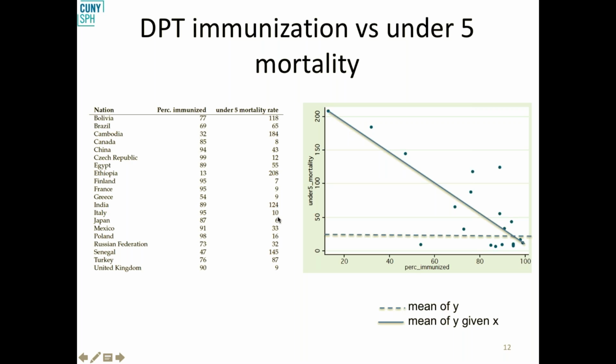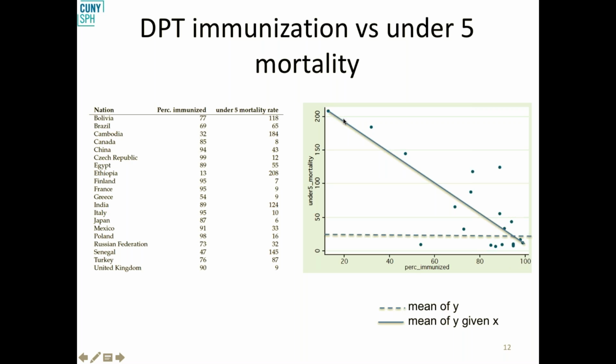Each dot represents a different country. The x-axis represents the percentage of immunization, and the y-axis represents the mortality rate in that country. And you'll notice as you get towards this end, very high immunization rates, you have much lower mortality rates.